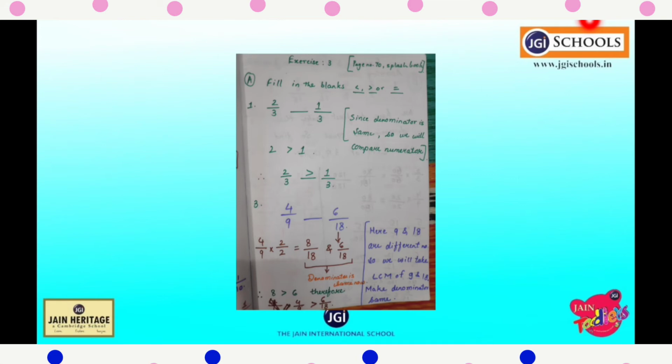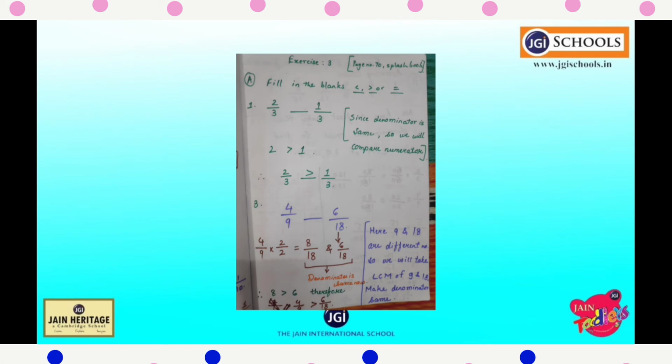So what you have to do here, first make the denominators equal. So take the LCM of 9 and 18, the LCM will be 18.